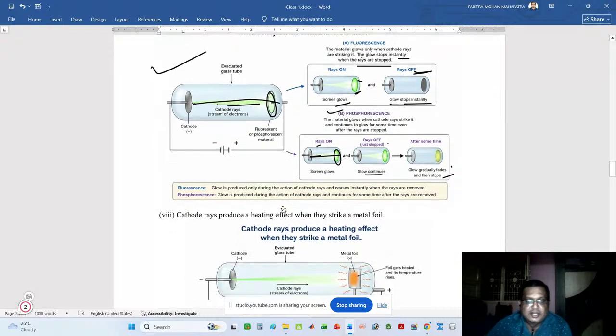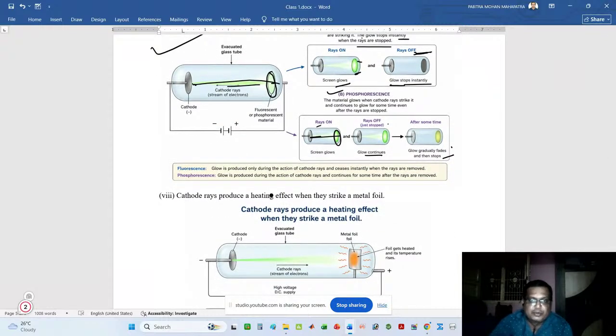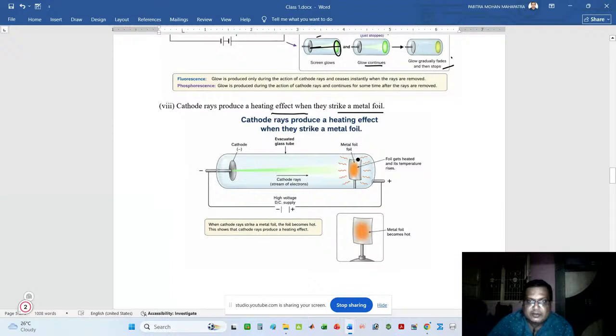Next, here I can say that cathode rays produce a heating effect when they strike a metal foil. Here I have taken a metal foil. Look at that, this is the metal foil. When cathode ray strikes the metal foil, what happens? The temperature of the metal goes on increasing. So here I can say that the foil gets heated and its temperature rises.